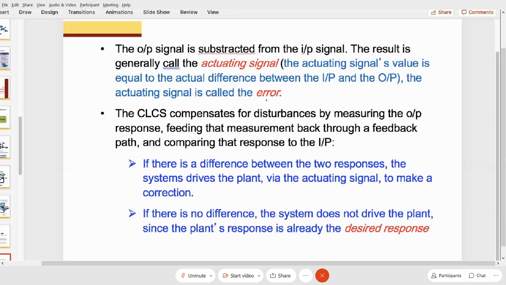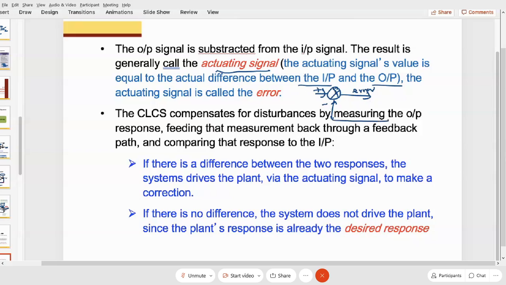Another signal here is the actuating signal. The actuating signal is the difference between your input and your output. This is the output from your summing junction, which we call the error signal. You have the input signal, and this one comes from the feedback.